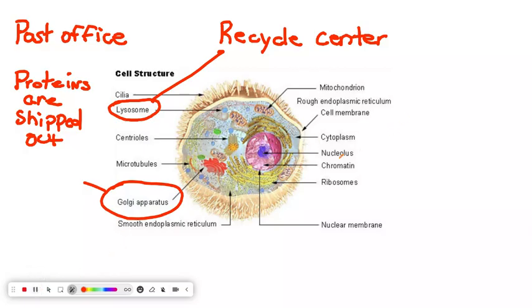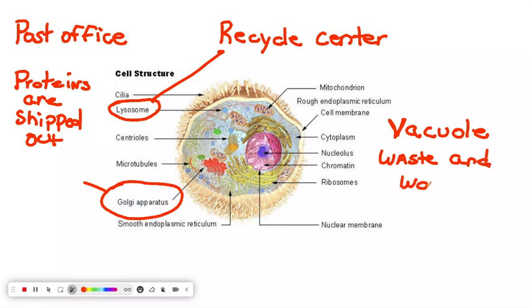So there are things called vacuoles. Not vacuole, don't say that. It's not some pasta dish. This is the vacuoles, and that's where waste is stored and where water is stored. So we have waste and water storage in the vacuoles.